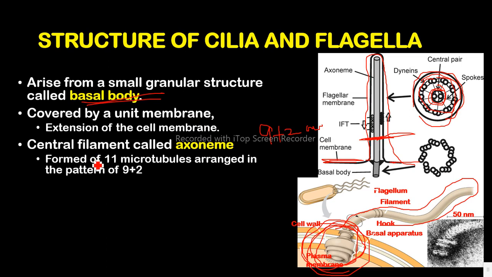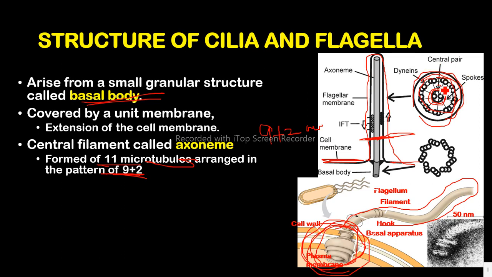They are formed from 11 microtubules, and the 11 microtubules are in this pattern, a 9 plus 2 arrangement. Those are the 2 in the middle, and then the 9 doublets that are peripheral.